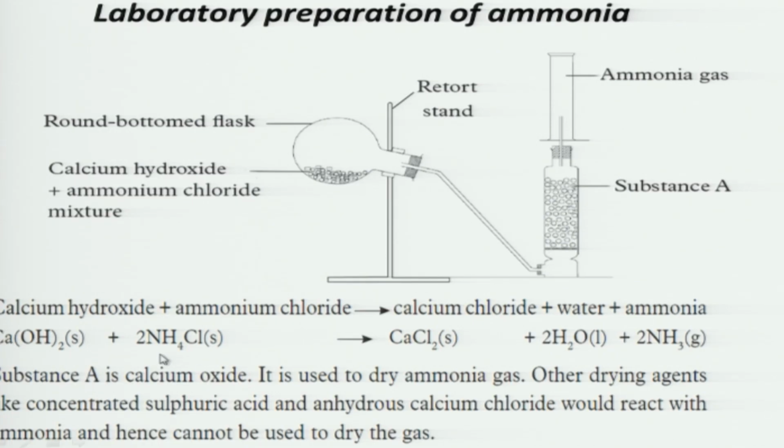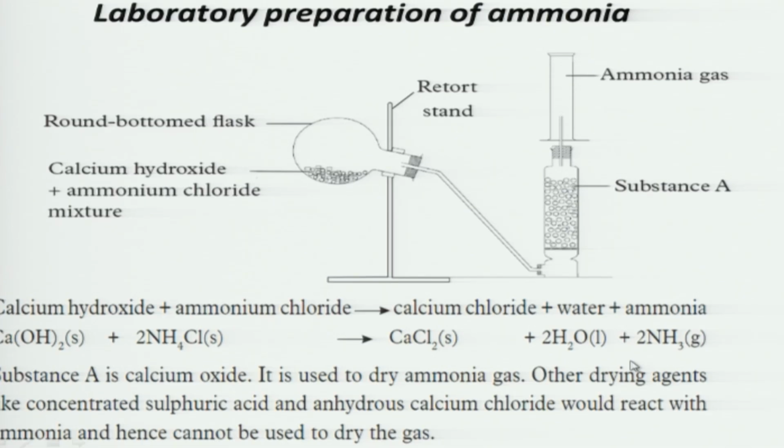Those are the reagents we should be having in the lab. So when we react calcium hydroxide with ammonium chloride, we get calcium chloride, water, and ammonia gas.